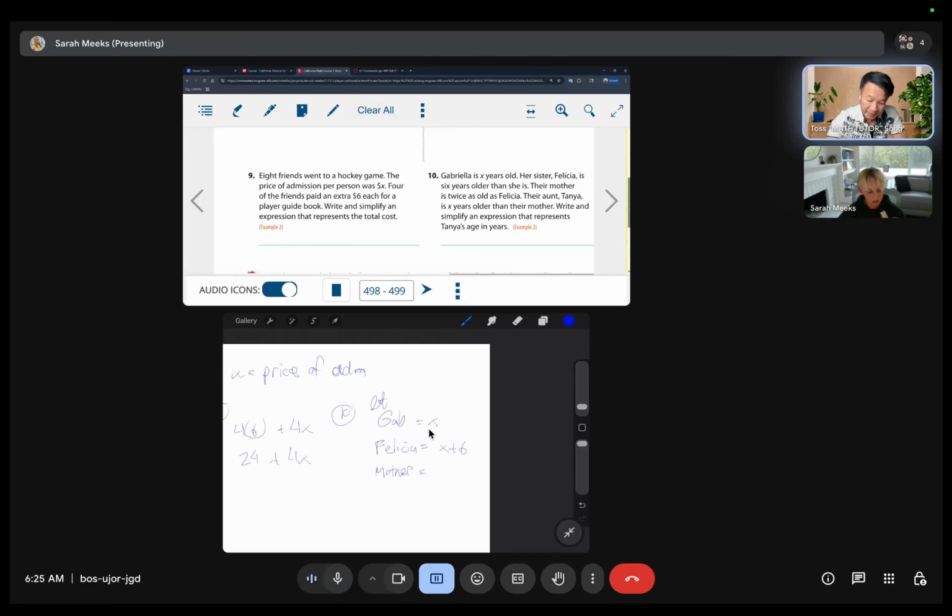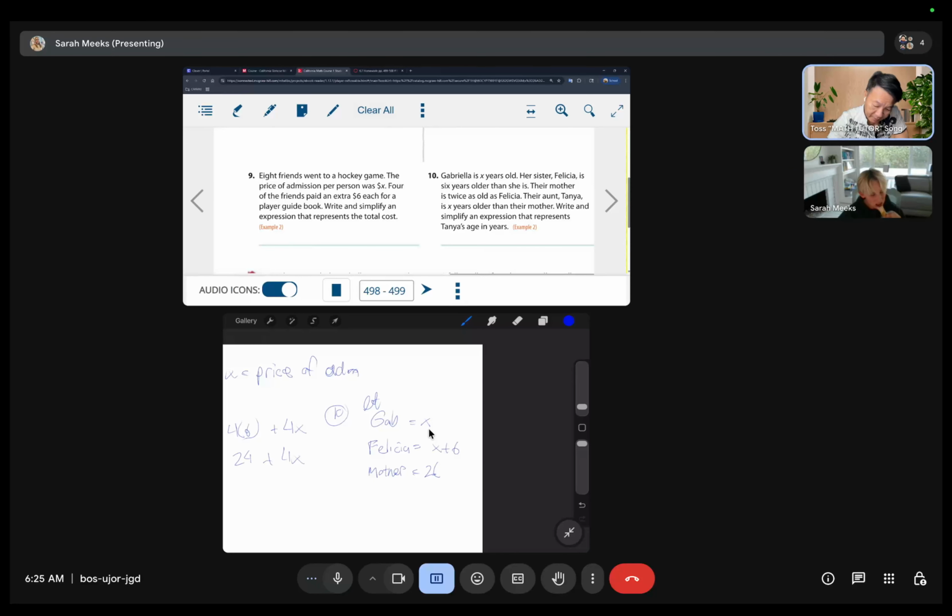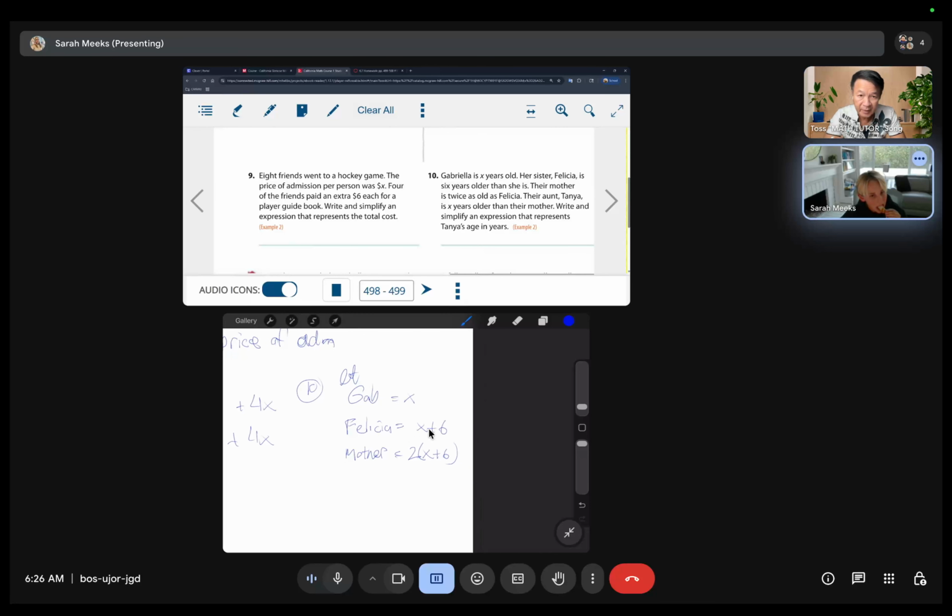Yes, however, Felicia times 2, you have to write like this. You see it? When you multiply something that is more than one term, you have to parenthesize it. You have to group it. That's how you do it in algebra. Okay, so far that's their mother.